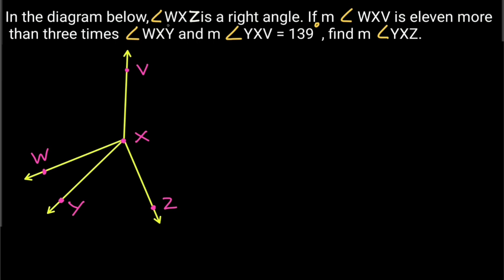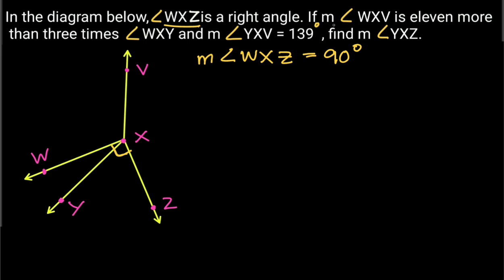So it is given here that angle WXZ, this one, is a right angle. Therefore, the measure of angle WXZ is equal to 90 degrees, since a right angle measures 90 degrees. And then we have here a mathematical sentence that we need to write into a mathematical equation.